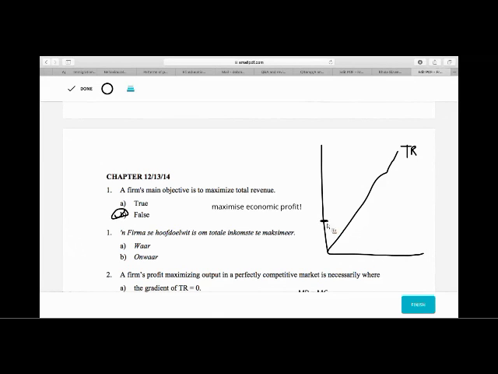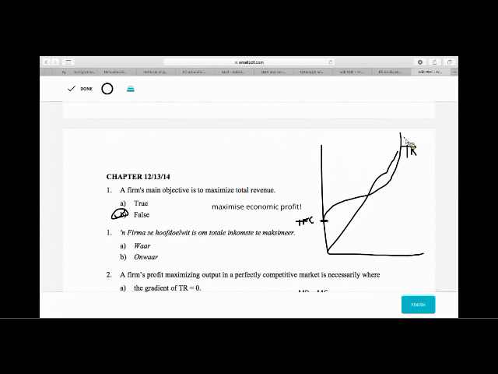So your total cost is not going to come out of the origin. It's going to have a positive intercept because that's the total fixed cost of producing. Initially, when your labor is productive, your total cost increases at a decreasing rate. But then at some point, your labor becomes less productive and your total cost increases at an increasing rate. So that's your total cost curve.